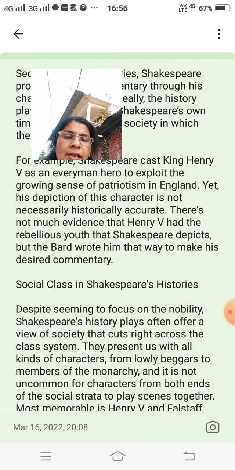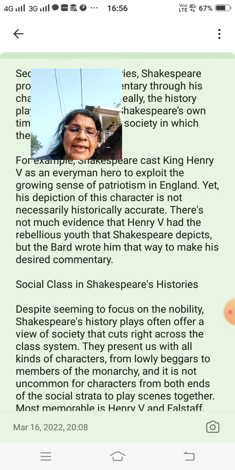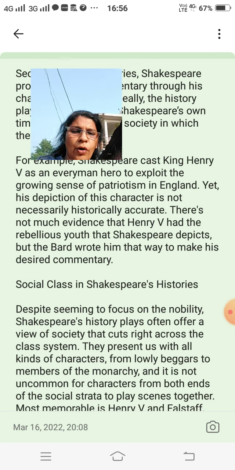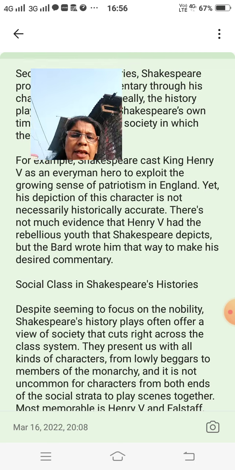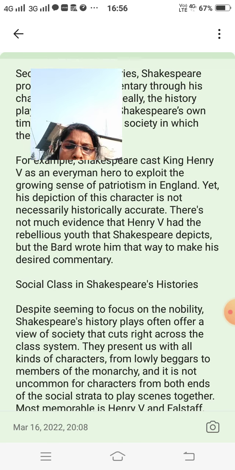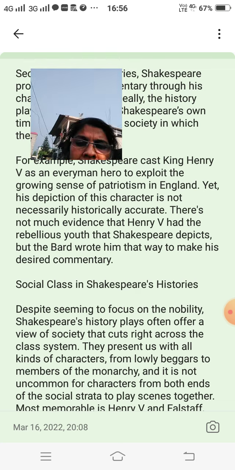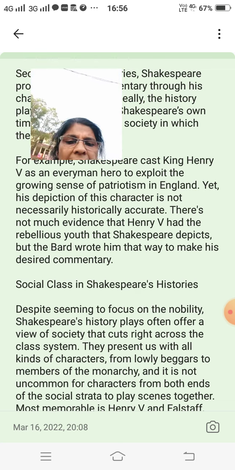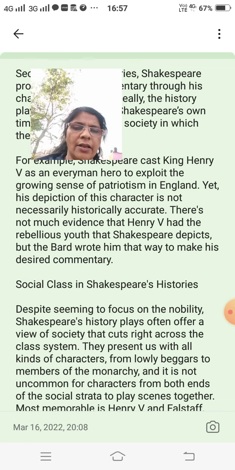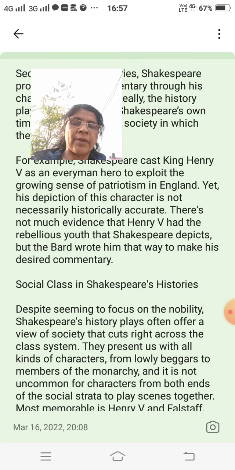Social class in Shakespeare's histories: despite seeming to focus on the nobility, Shakespeare's history plays often offer a view of society that cuts right across the class system.